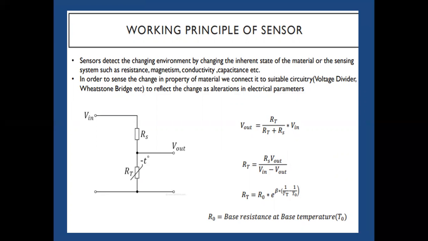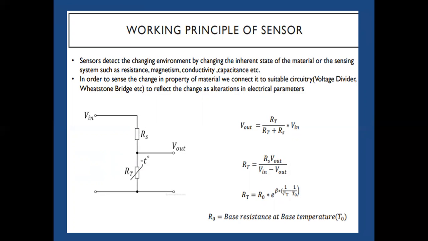These two resistances are connected in parallel, and we are going to find the V output, the voltage output, with reference to the V in, which is nothing but the voltage input.